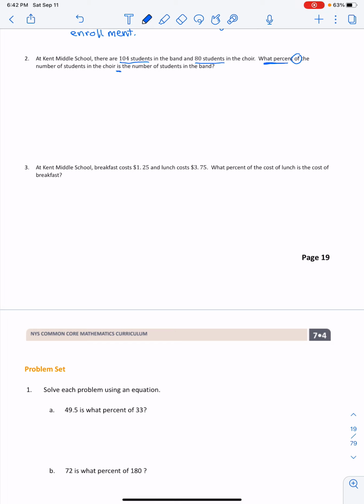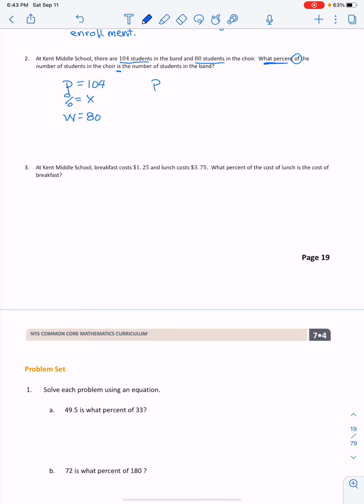So you have to be careful when you're reading this, okay? Again, we're finding the percent, but we're finding of the students in the choir. Well, the number of students in the choir is 80. So that's going to go in the denominator. And the numerator then is going to go the students in the band, which is 104.